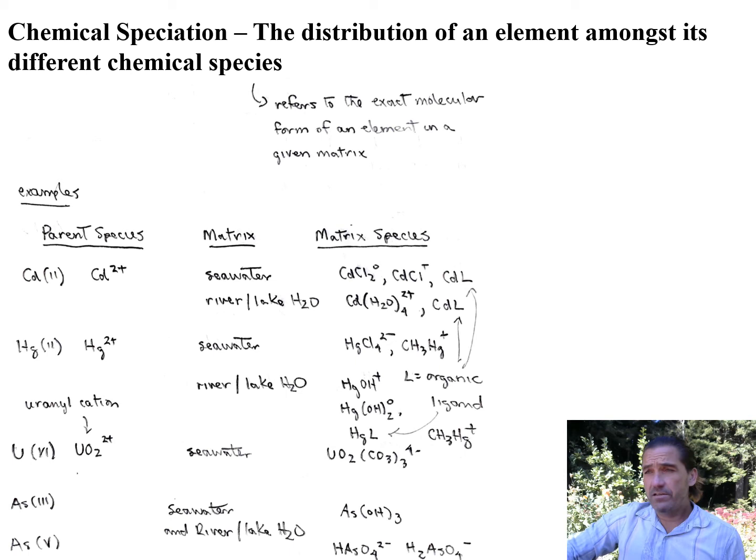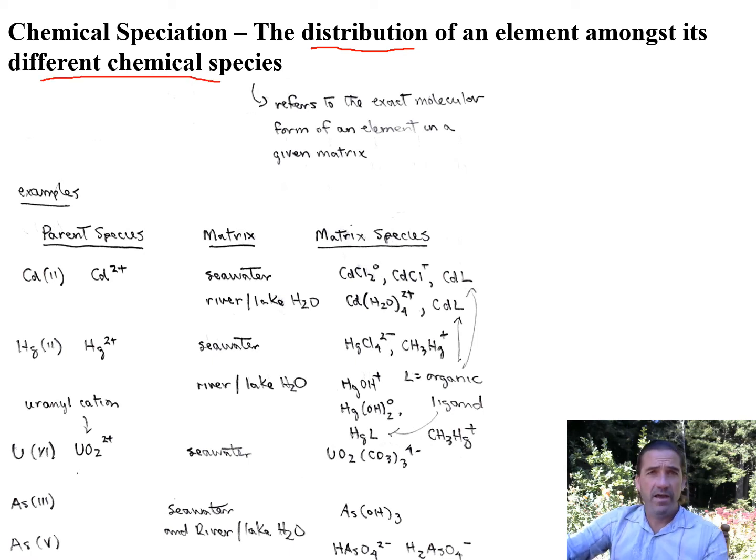So last, I want to just talk a little bit more about chemical speciation and what it means. So chemical speciation, again, it's very important to think in terms of speciation because it's the distribution of the element in all the different chemical forms that the element could have.